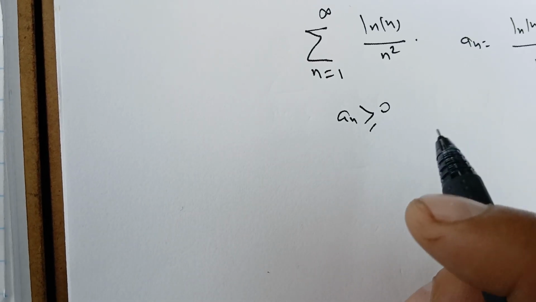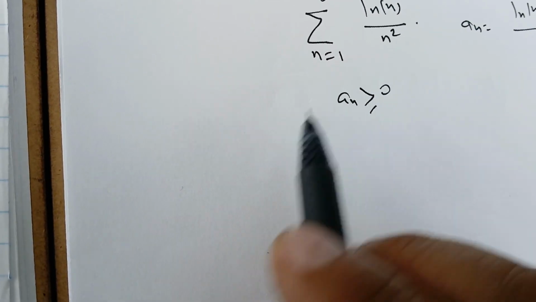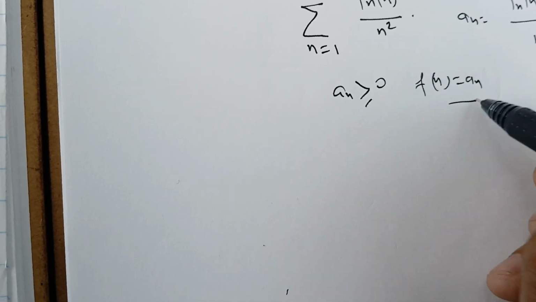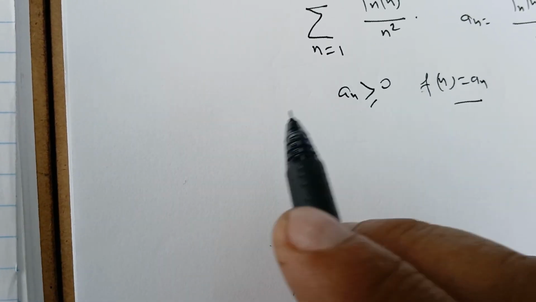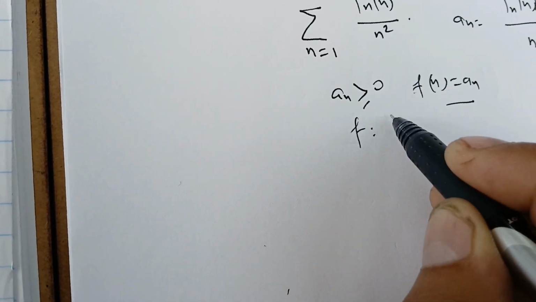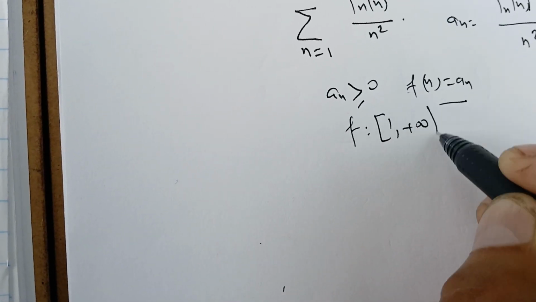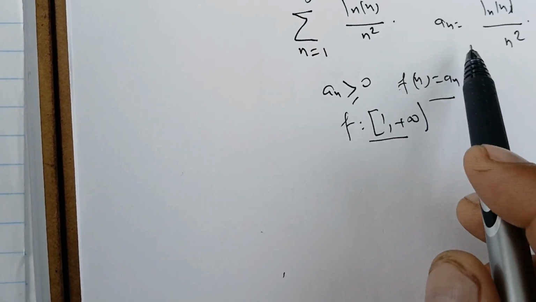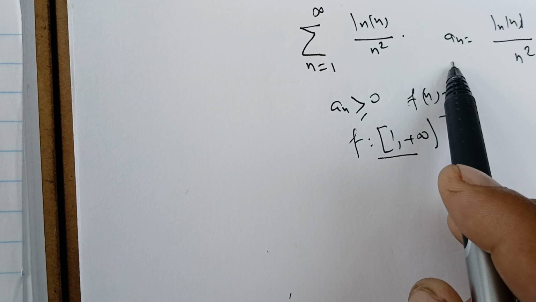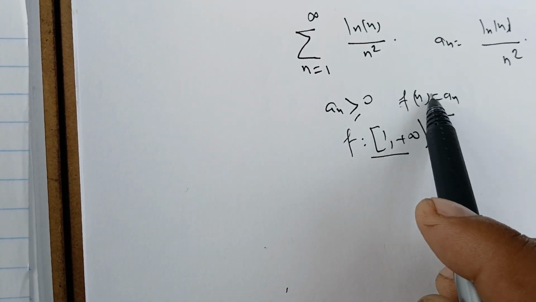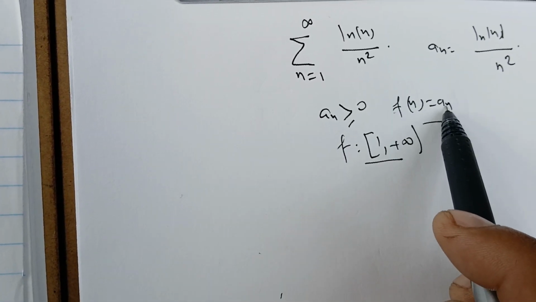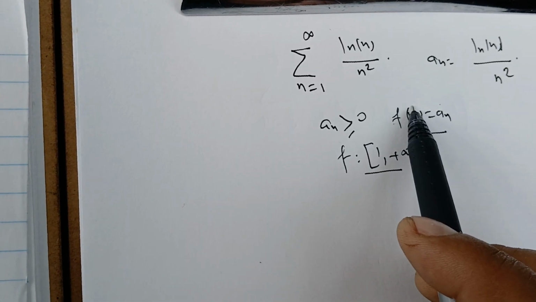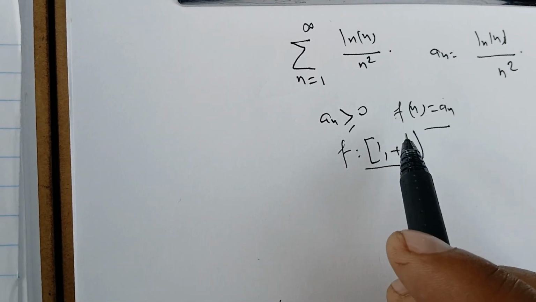In this case, if we define f of n as a_n, we let f be defined on this interval. f is positive because the series is positive, f is decreasing, and it's continuous on this interval.